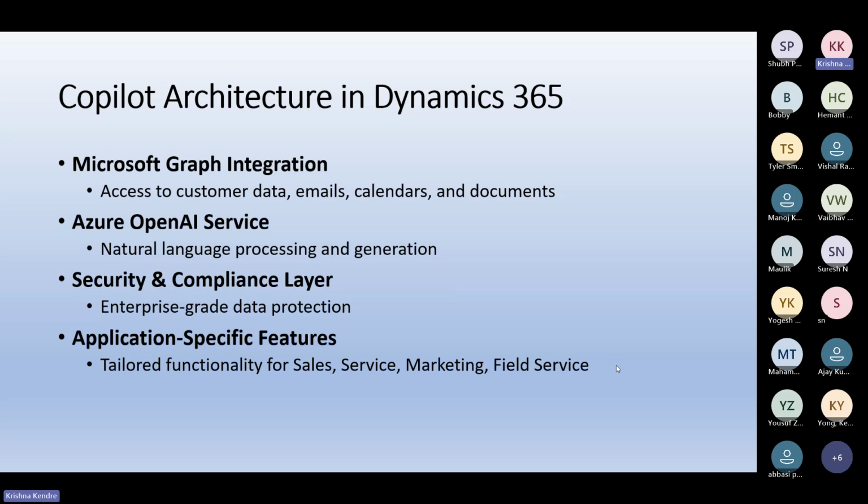For example, if you are working on a customer opportunity, Copilot can pull data from the email trail that we have with the customer, meeting notes, and CRM records to provide the insight. So let's assume that you are the customer and I am the salesperson. If I'm working on the opportunity, Copilot can pull data: what are the recent purchases that you have made with our organization?